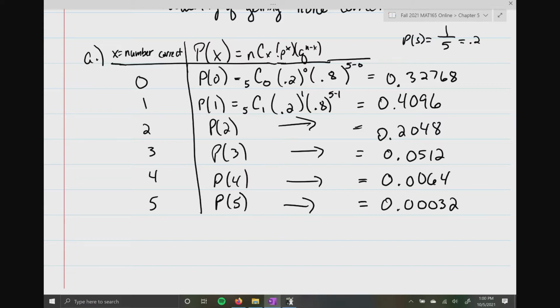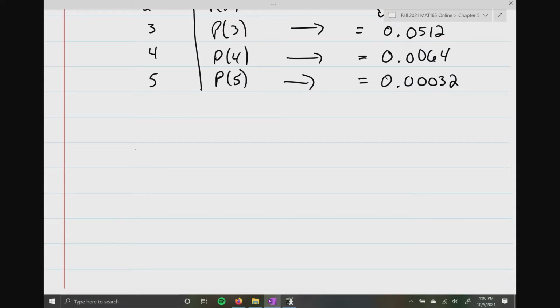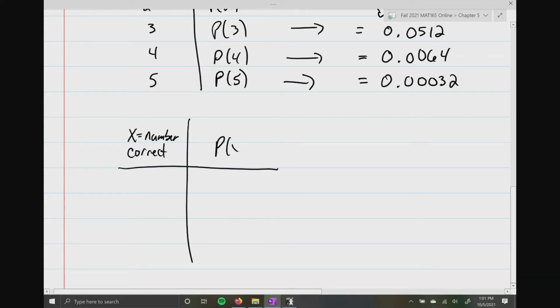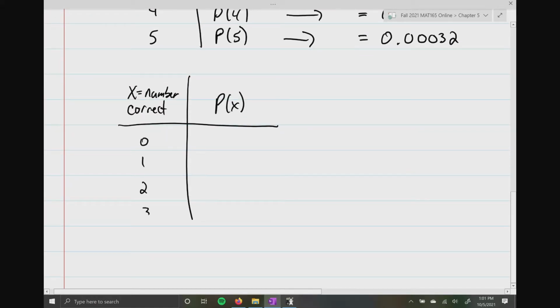Okay? So I guess what I can do here is just to condense this to make it look nice again. X equals number correct. Because to be honest with you, this is how you would probably find it if you're reading an article or something like that. So X equals number correct. This is going to be P of X. 0, 1, 2, 3, 4, and 5.